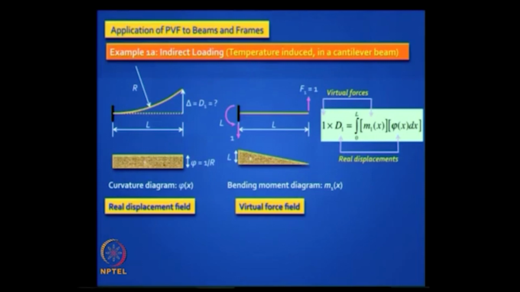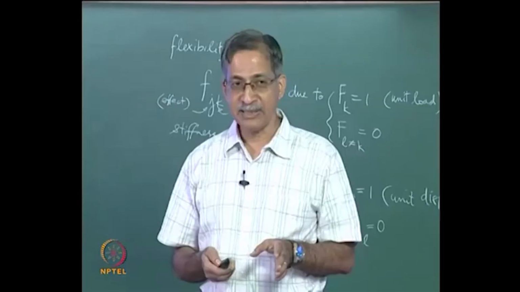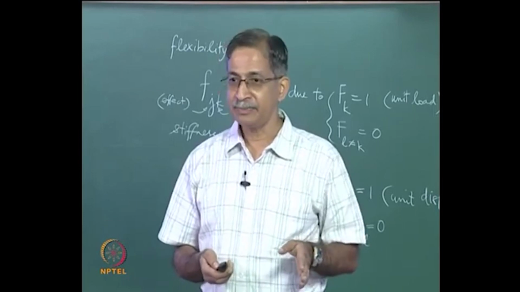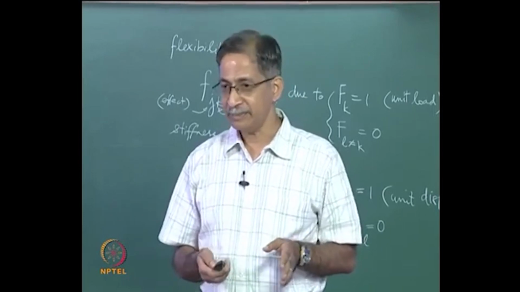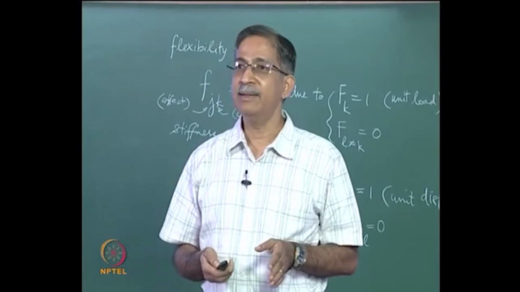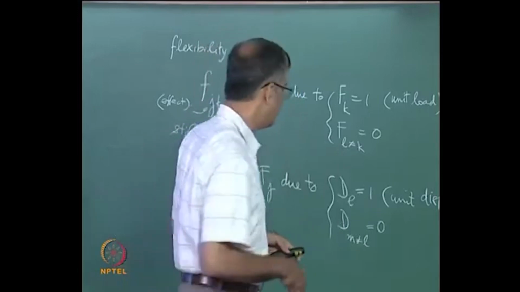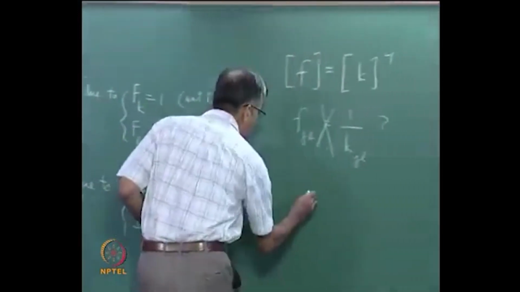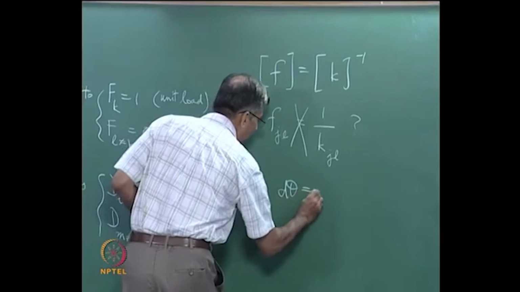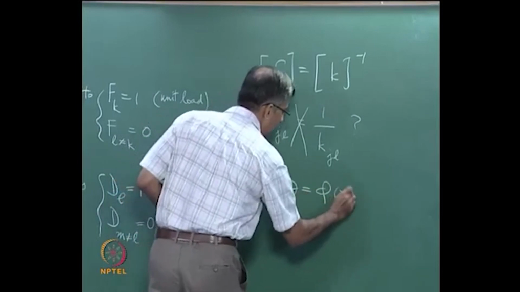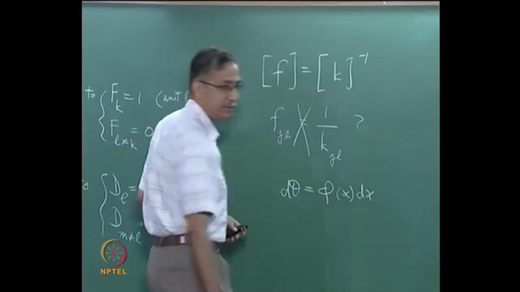The external virtual work is straightforward, 1 into dj. The internal virtual work is actually a product of moment times rotation, but since the moment is changing from point to point, you need to integrate and you have to find the change in rotation. Change in rotation is given by d theta. D theta is given by curvature, right.